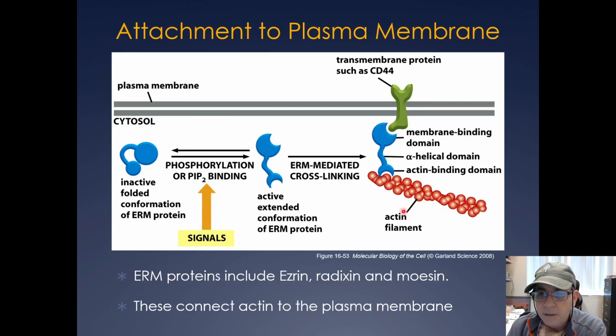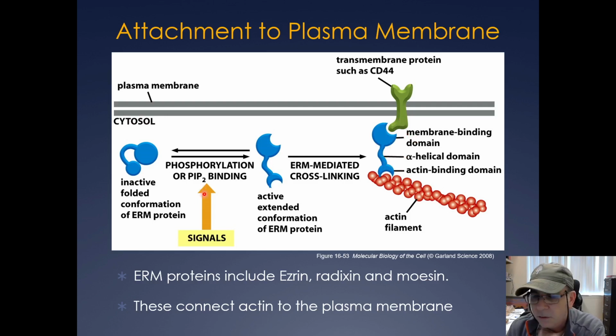And then ultimately the actin is actually cross-linked to the plasma membrane, and one of the proteins that does that is this ERM protein, and it's regulated by phosphorylation, so you can get phosphorylation of it, or you can get it binding to the PIP2, the phosphoinositol bisphosphate, in the plasma membrane, and it can also interact with transmembrane proteins like CD44, and you'll have your membrane binding domain and alpha helix, and then your actin binding domain.